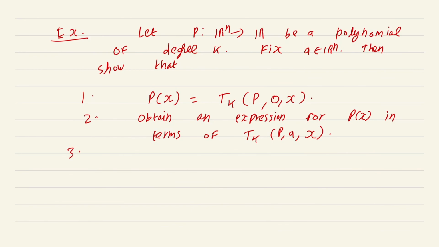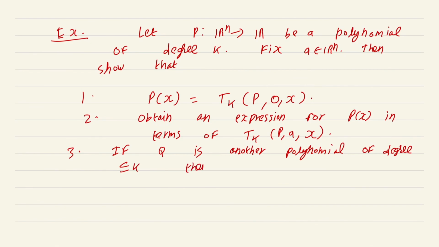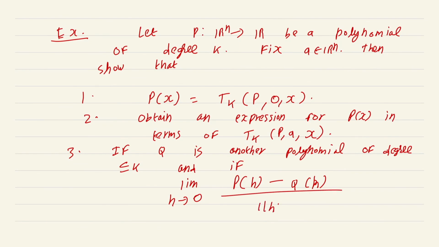Number 3. If Q is another degree k polynomial, actually I don't require degree k, a polynomial of degree less than or equal to k, and if the limit as h goes to 0 of P of h minus Q of h, divided by norm h to the power k, equals 0, then P is the same as Q. There can be only one polynomial of degree less than or equal to k with this property.